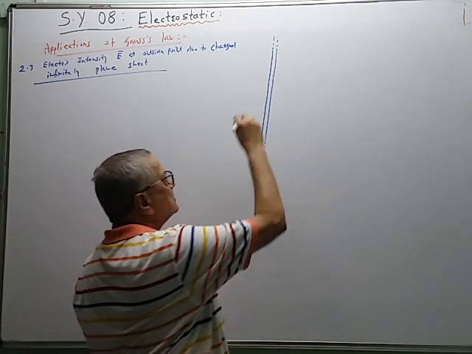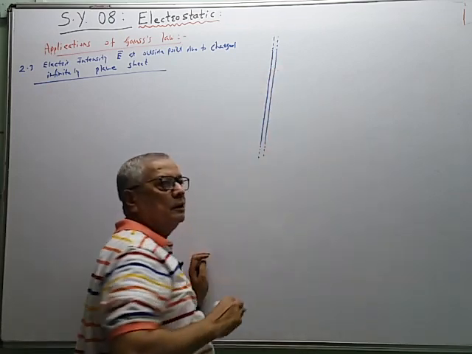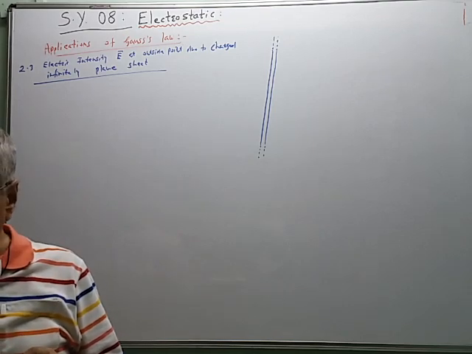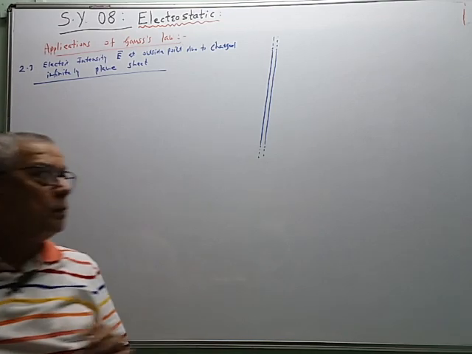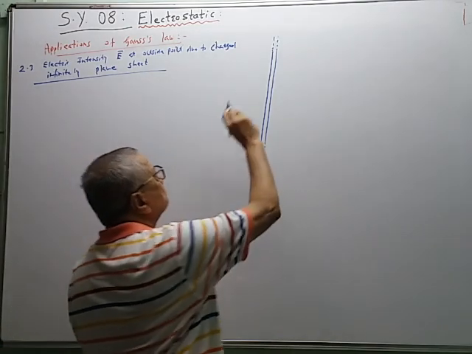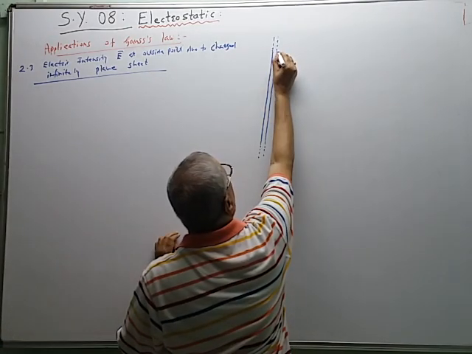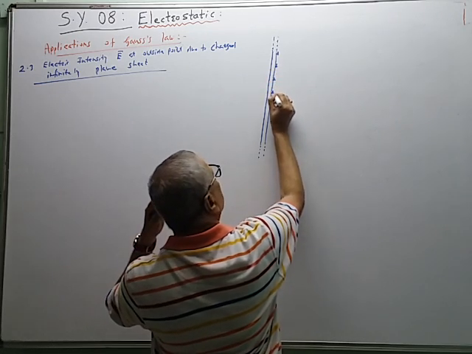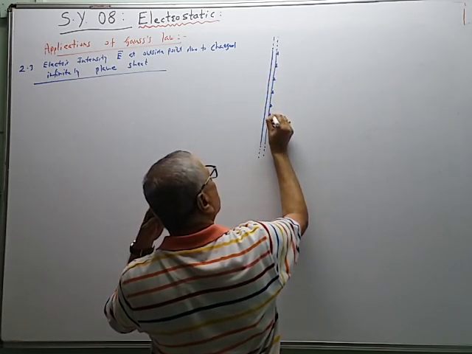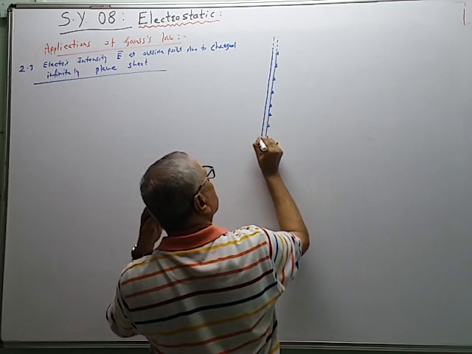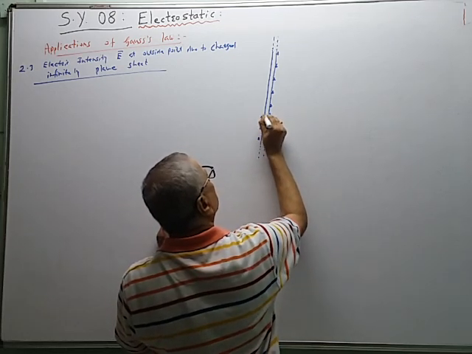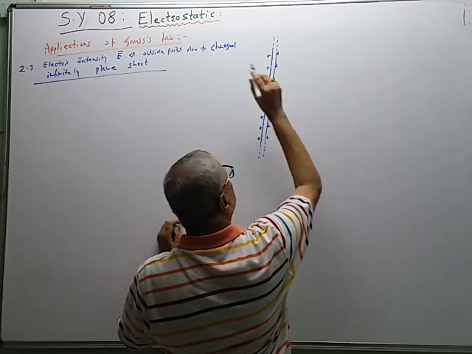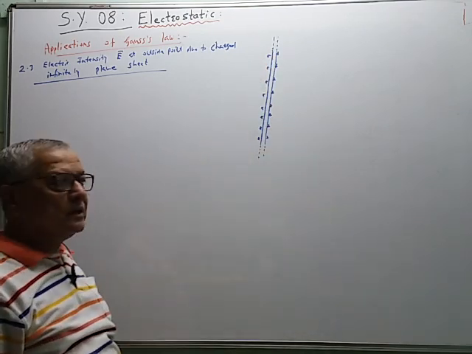Now the charge given is positive, and this charge is distributed uniformly, with charges equidistant from each other.